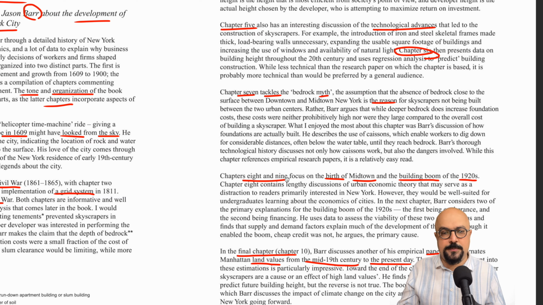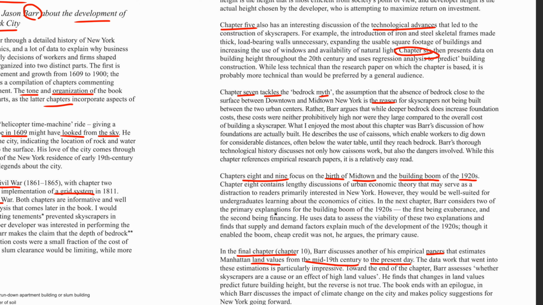Chapter 8 and 9. Chapter 8 contains lengthy discussions of urban economic theory that may serve as a distraction to the readers primarily interested in New York. However, they would be well suited for undergraduates learning about the economics of cities. In the next chapter, Barr considers two of the primary explanations of the building boom for the 1920s.